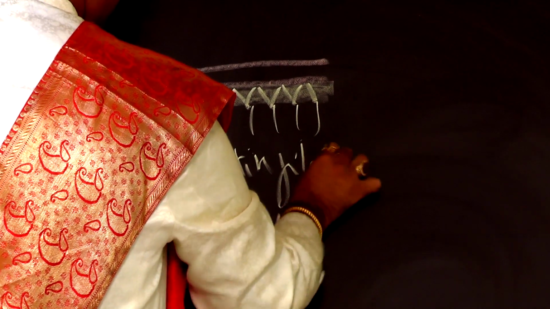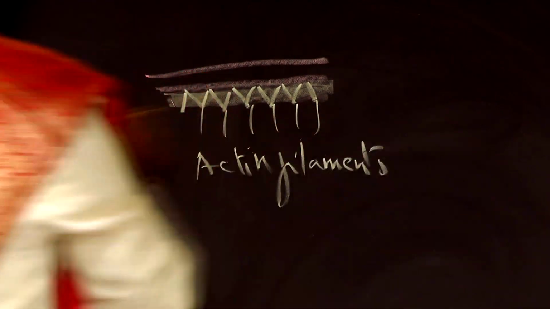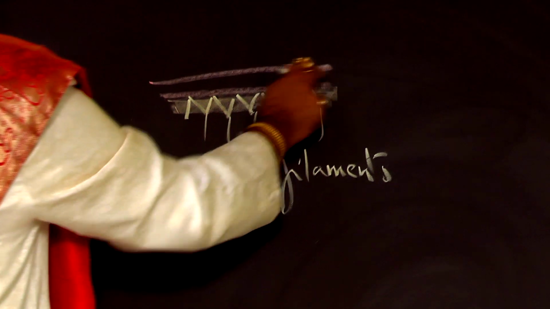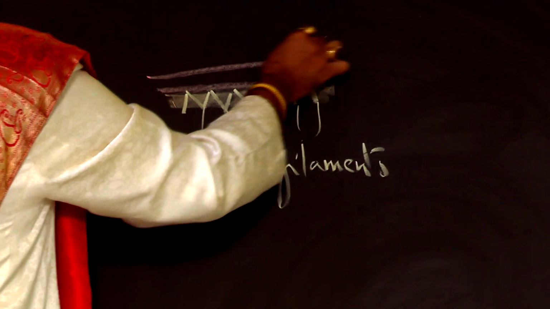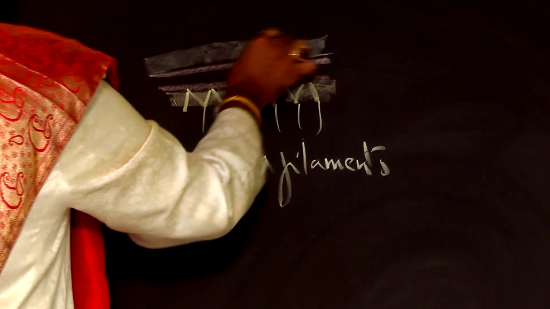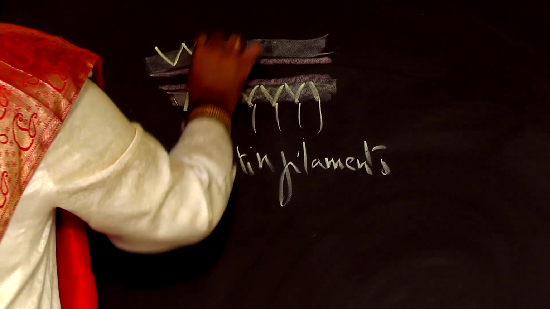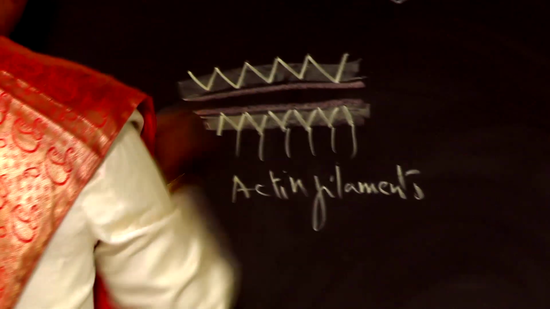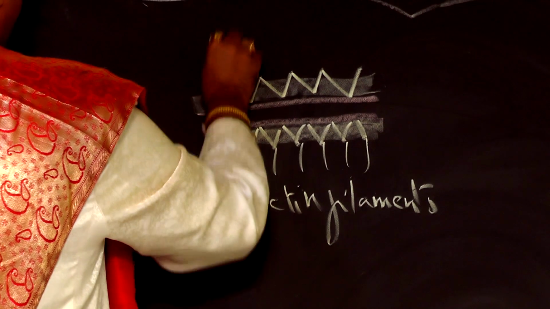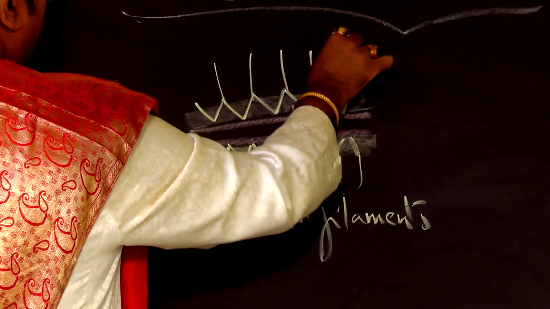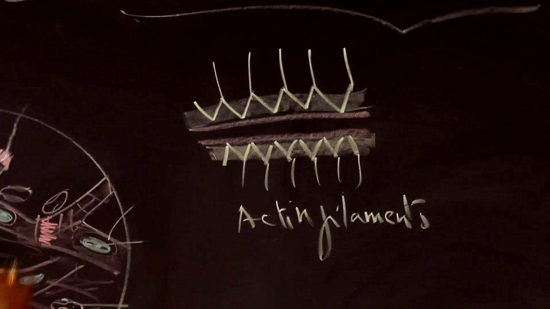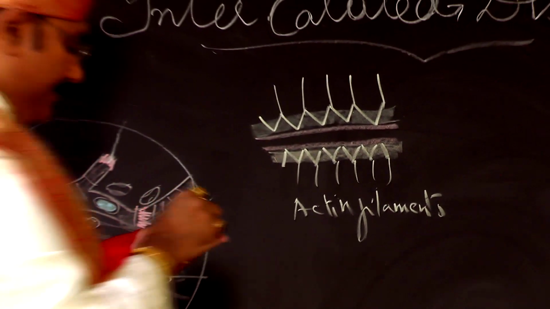Are you able to appreciate? In the same way, this is the cell membrane of another cardiac myocyte. So here is the dense cytoplasm, which is also showing the ends of the actin filaments.